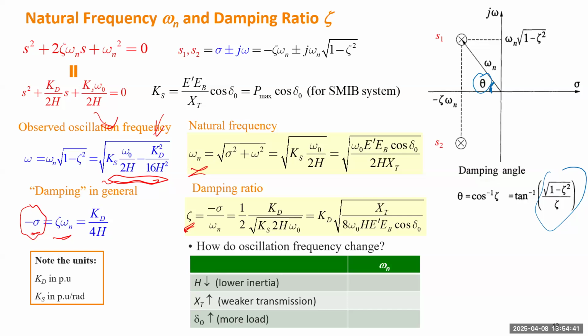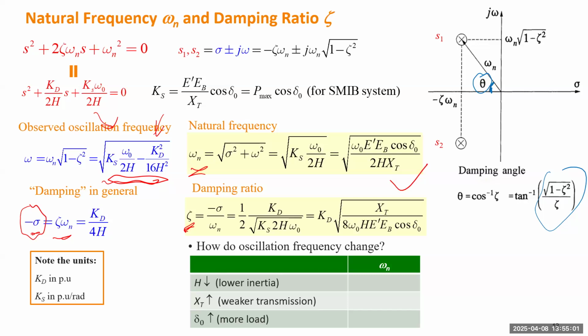So you have reduced H, increased reactance, and increased delta zero. How does the frequency change? If we reduce H, will the frequency increase or decrease? We will utilize this one, right?